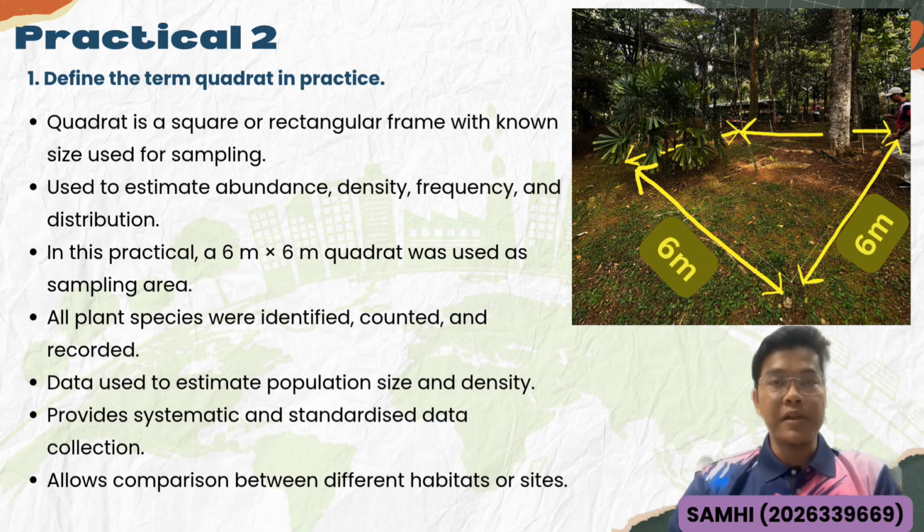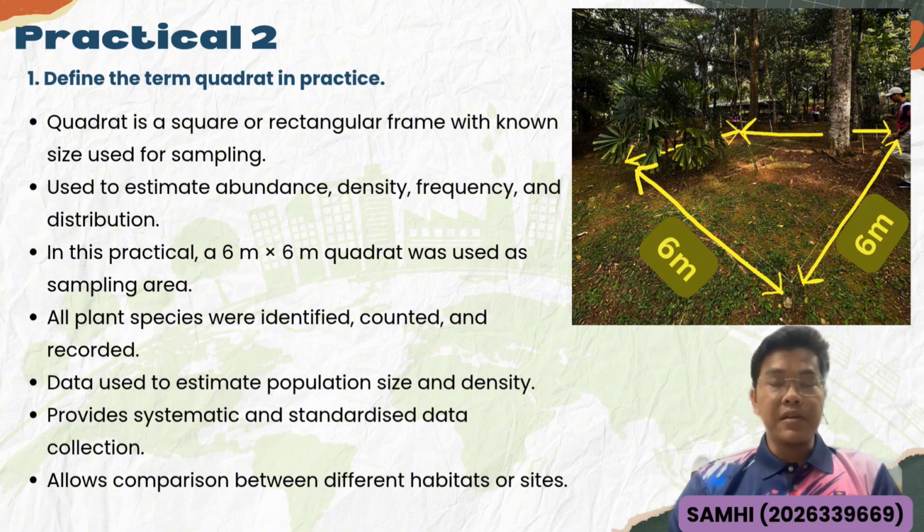For question 1, define the term quadrat in practice. A quadrat is a square or rectangular frame with known dimensions that is placed on the ground to study and sample organisms in a specific area. It is commonly used in ecological studies to estimate the abundance, density, frequency, and distribution of plants or other organisms that do not move.